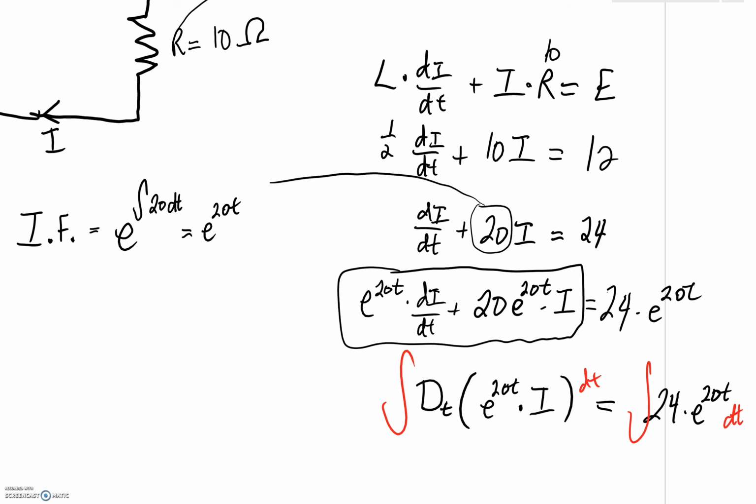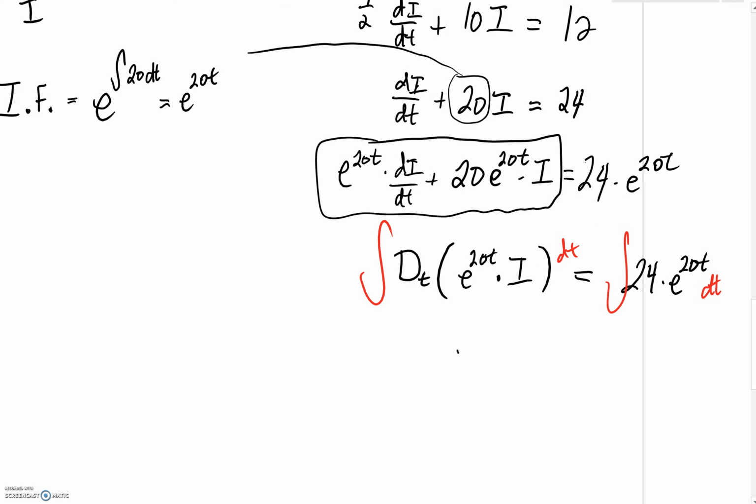This left side, because we wrote it as a product rule, is going to work out especially nice. It's just e to the 20t times I. And this right side, well, we've got to reverse the chain rule, don't we? So we're going to go 24 all over 20 e to the 20t plus some constant.